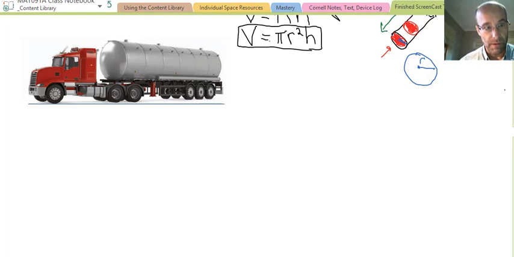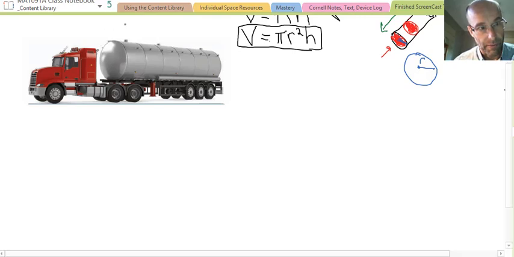So let's look at this truck here. It's a semi-trailer with a big tank on the back, and let's use that as an example. We firstly have to make some assumptions that it's a perfect cylinder. If you have a really close look, it's not quite a perfect cylinder because there is a bit of a curvy shape on the back, and a cylinder has a flat base circle there, not some sort of hemisphere or dome.